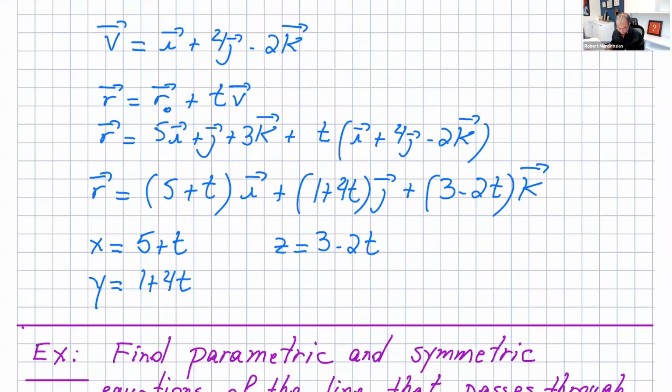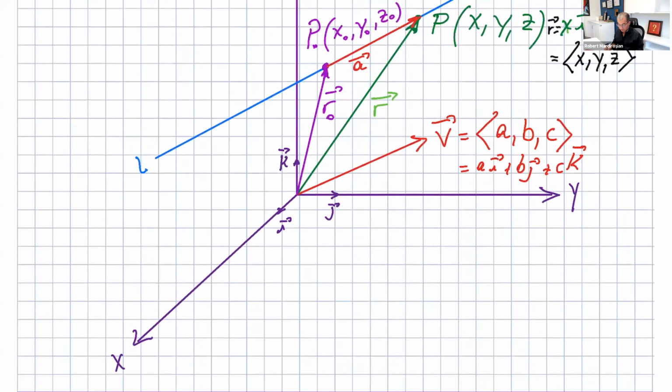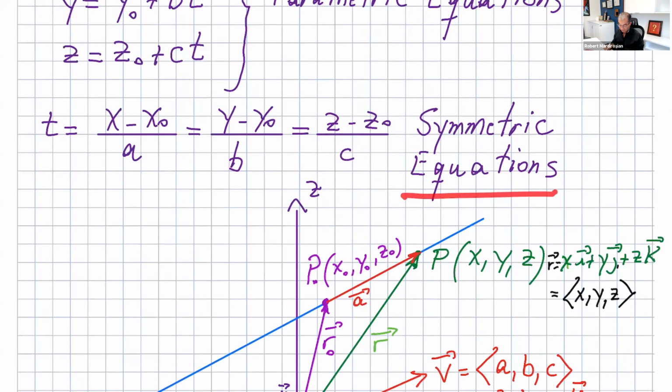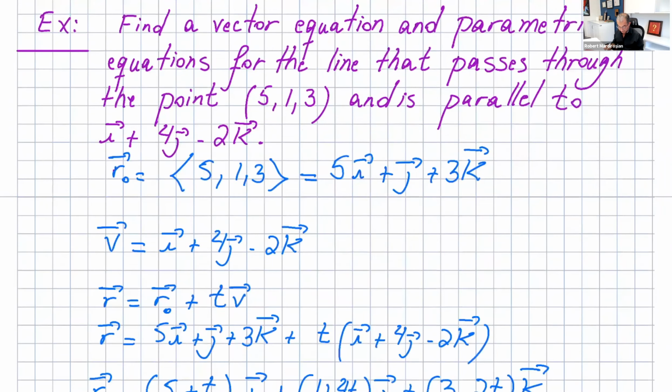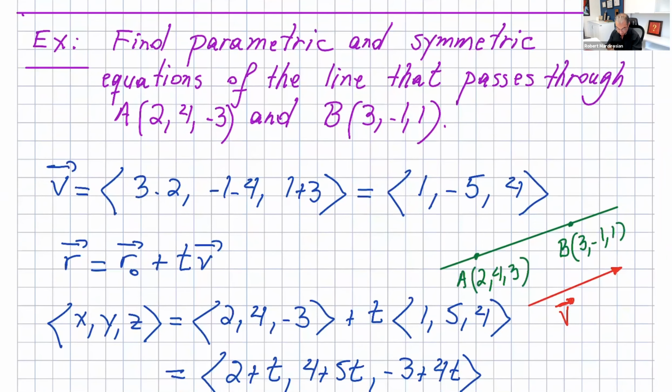In this case, this is our x, this is our y, and this is our z. And these are the parametric equations. The question is not asking for symmetric equations. If it was, you can just isolate t and set them equal to each other. I think we have that in the next examples.